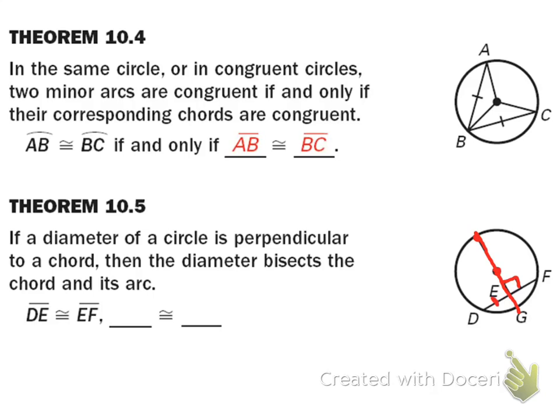It bisects the chord so that ED will be congruent to EF, but it also bisects the arc so that arc DG will be congruent to arc FG. Okay? So, if a diameter is perpendicular to a chord, it bisects the chord and its arc so that segment DE and EF will be congruent, and arc DG and arc GF will be congruent.